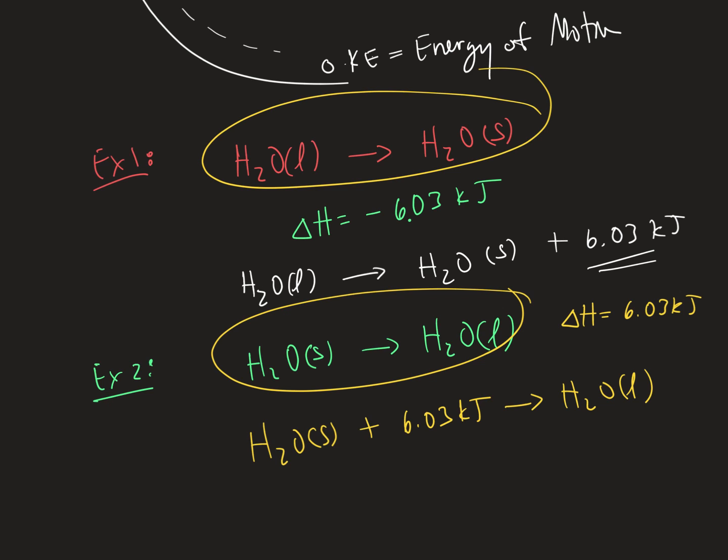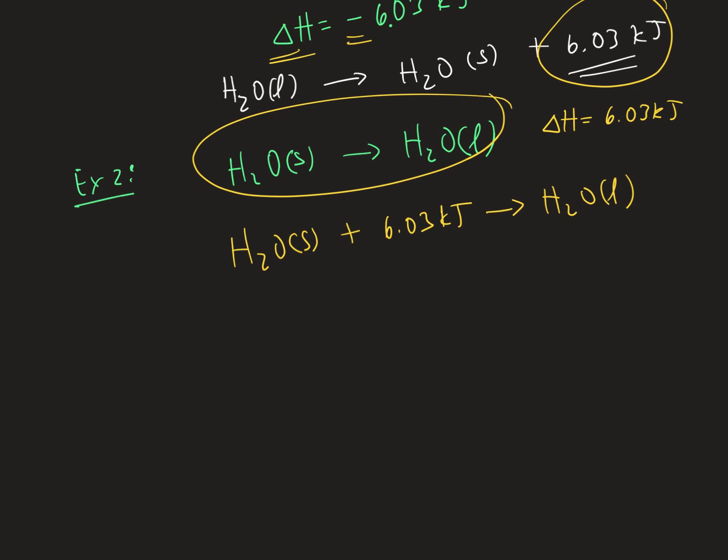What's another thing that tells us it's exothermic? Delta H is a negative value. And a third way is the heat is a product. So we can write all of those down. Exothermic means a negative delta H. It means heat as a product.